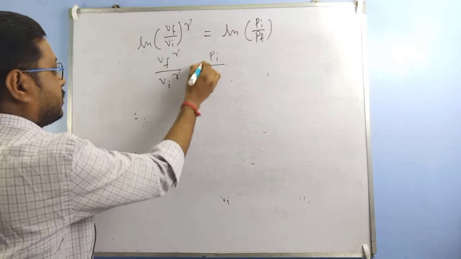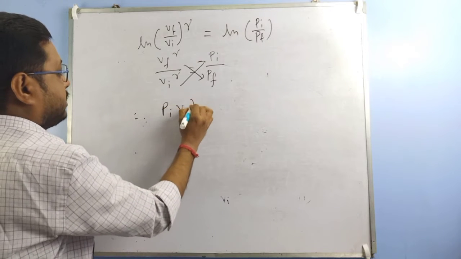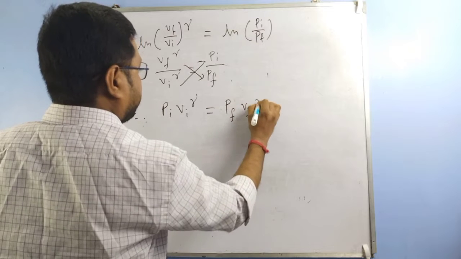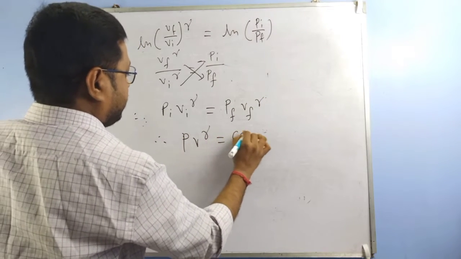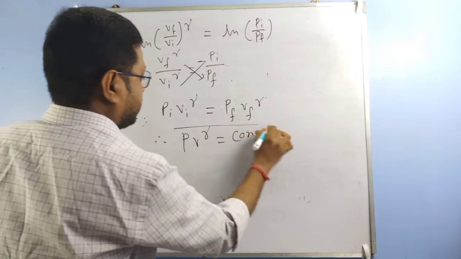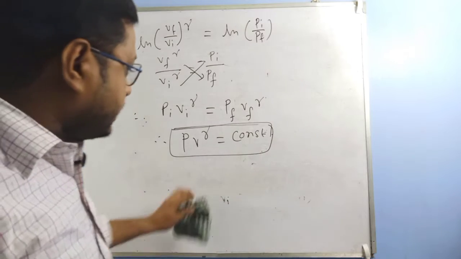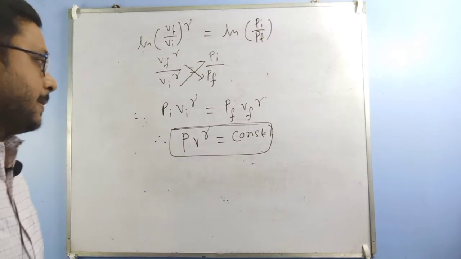Or if cross multiplication occurs, then Pi Vi to the power gamma is equal to Pf Vf to the power gamma, or P V to the power gamma equal to constant. This is the relation between pressure and volume for an adiabatic process.